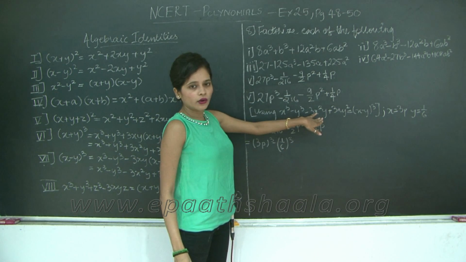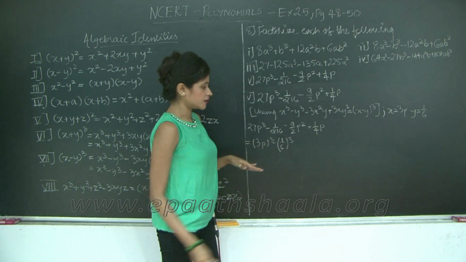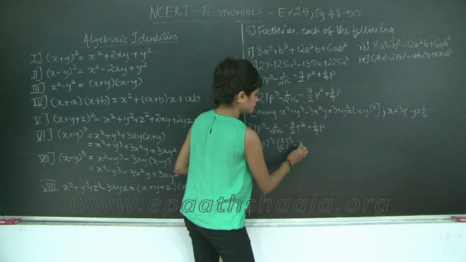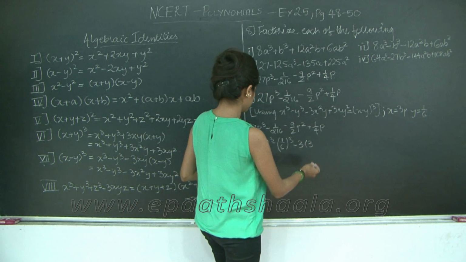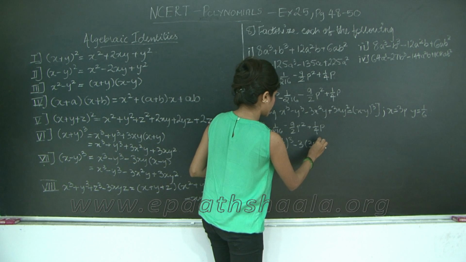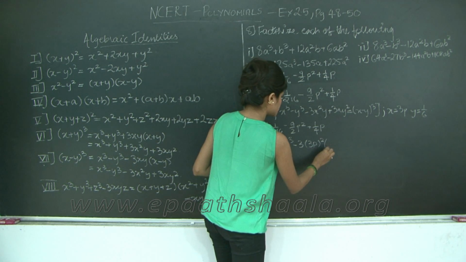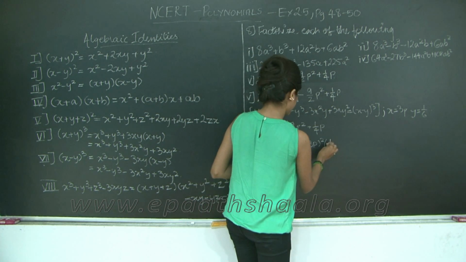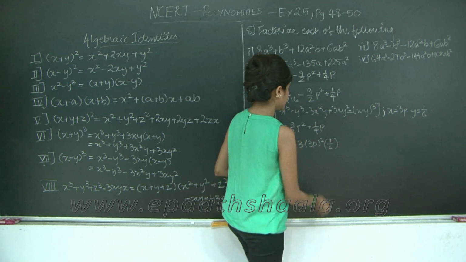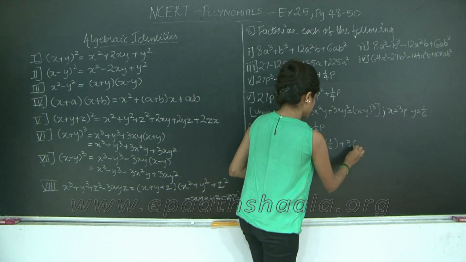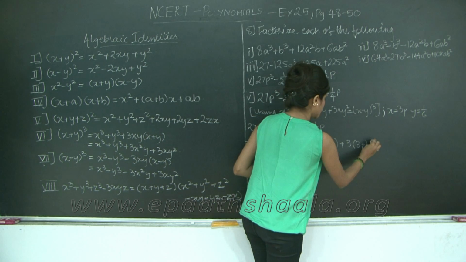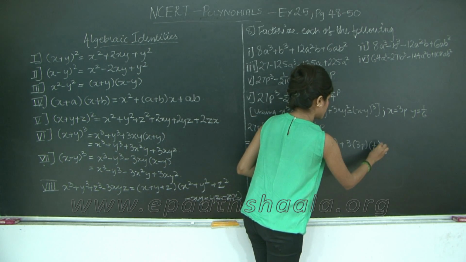Now let's go ahead and find the third and fourth term. This is going to be 3 into 3p square into 1 upon 6, plus 3 into 3p into 1 upon 6 the whole square.